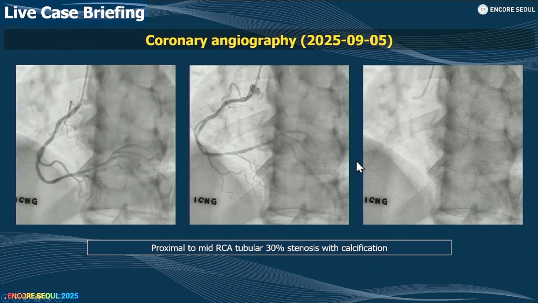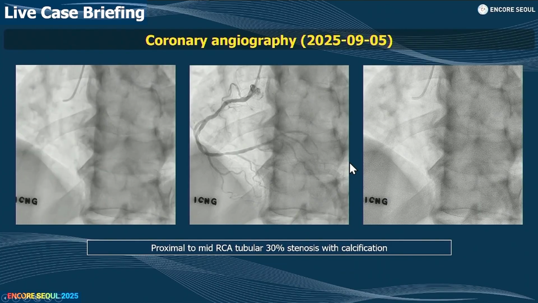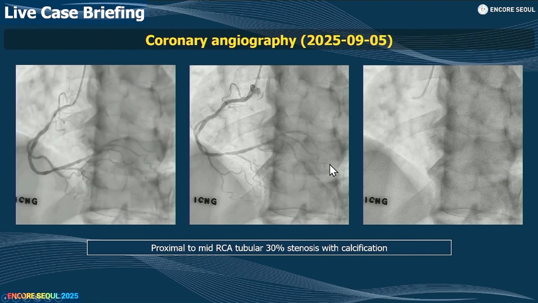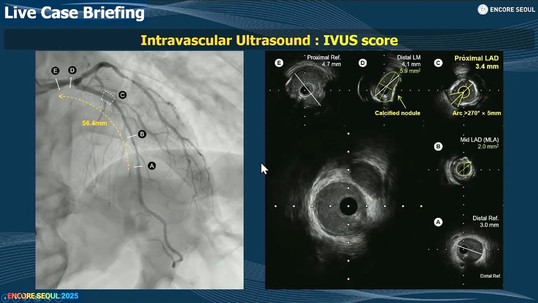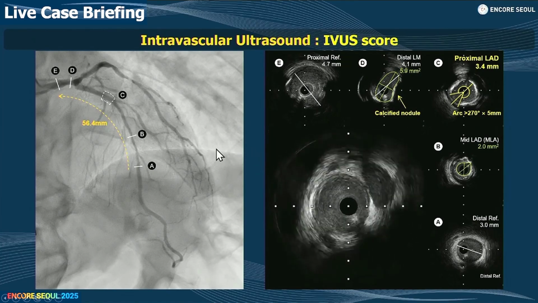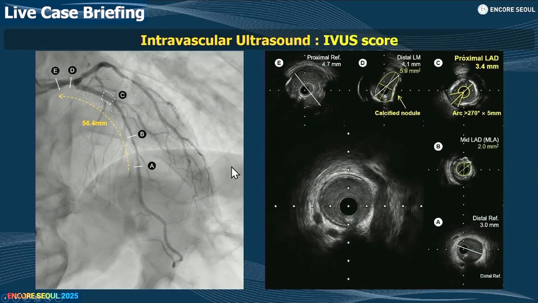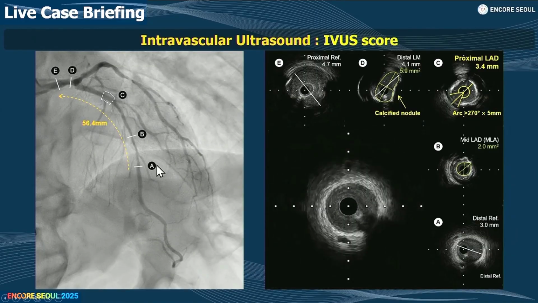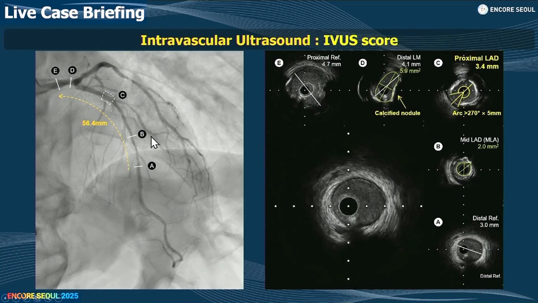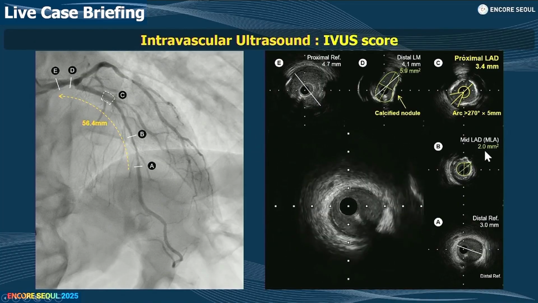A diffuse lesion was observed in the RCA, but it's not an indication for PCI, I think. We performed the angiogram and IVUS. The normal segment at point A shows the vessel size is 3.0 millimeters. At point B, you can see the MLA, which is 2.0.